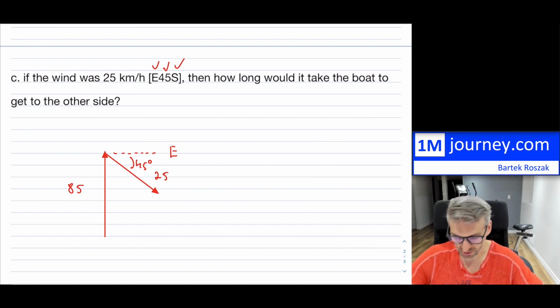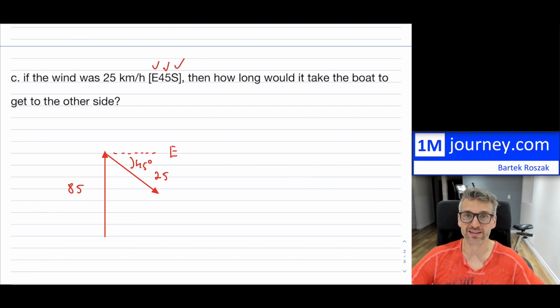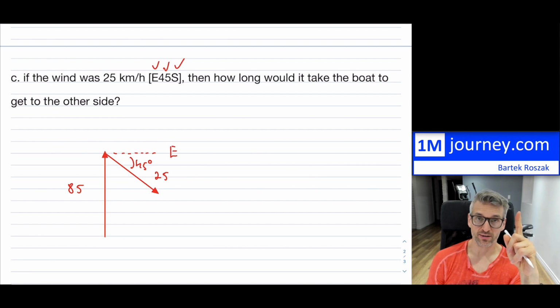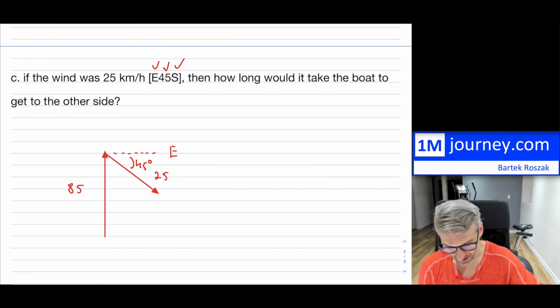This is now interesting, because what does this tell us? It tells us that the wind now has a component against the actual speed of the boat. As our boat is moving along going north, the wind at 45 degrees is going to have two components.